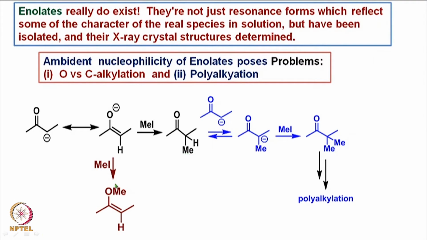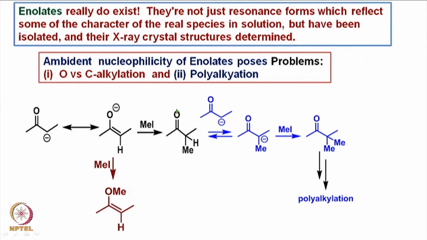So in addition to this dual character of this particular ambident nucleophile, where O and C alkylations can occur and we need to control them if we want one of them to occur, we also have a possibility of polyalkylation.